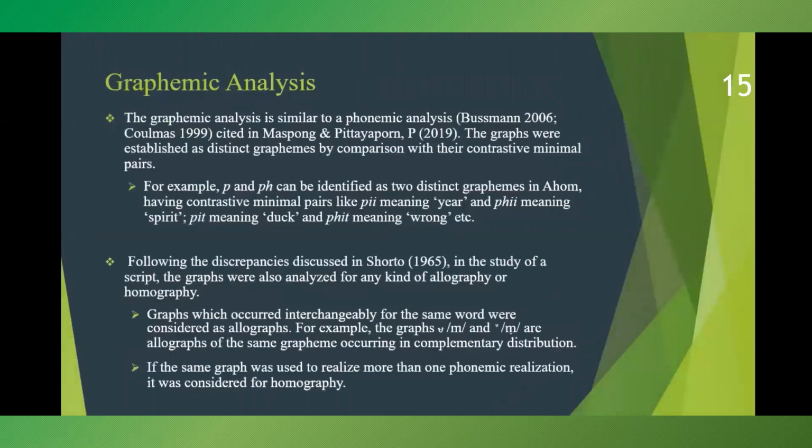So, how do we analyze written data? The best possible answer would be to do a detailed graphemic analysis of the script first, and then move on to the description of the sound system of the language. Now, what is a graphemic analysis? A graphemic analysis is similar to a phonemic analysis. The graphs were established as distinct graphemes by comparison with the contrastive minimal pairs.